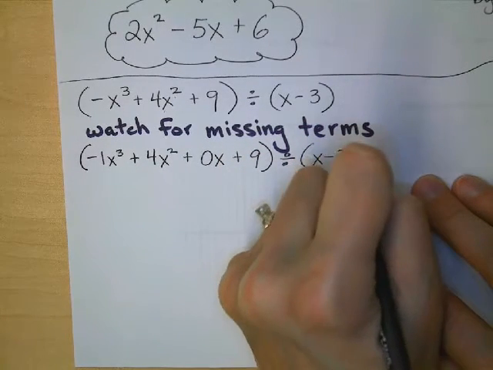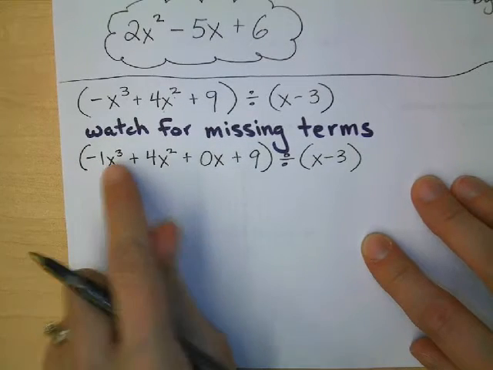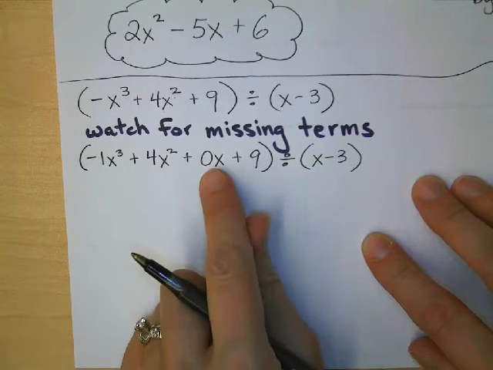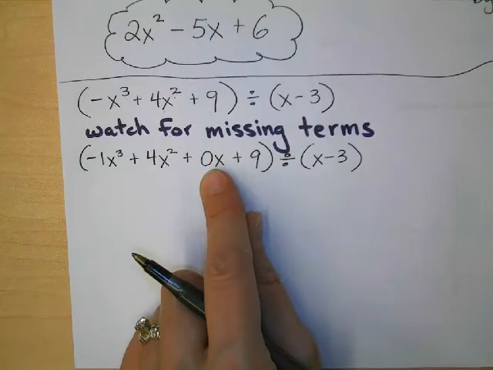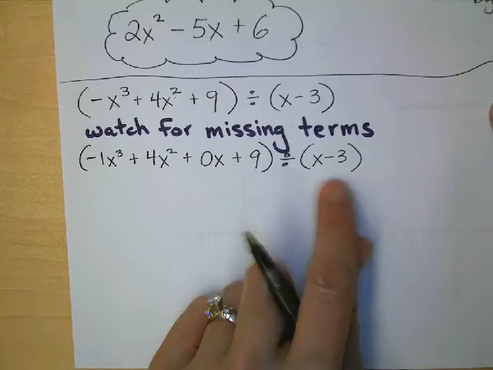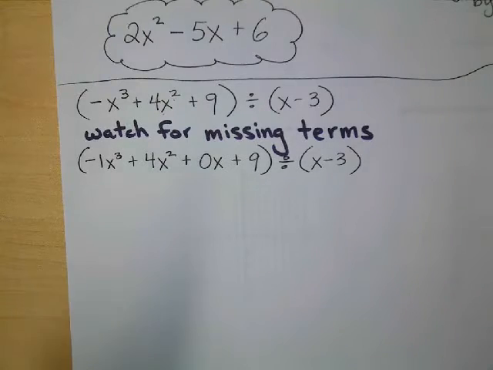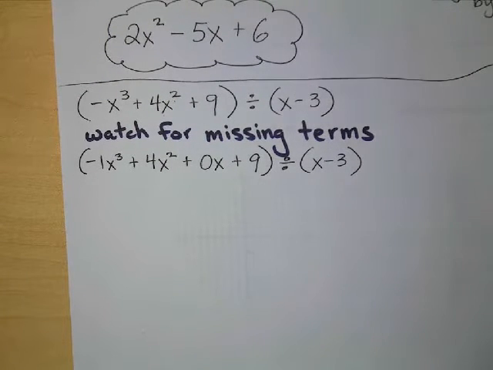It has x to the 3rd, it has x to the 2nd, it didn't have just a plain x. So you have to write 0x. You have to add that in, because you can't have anything missing if you're going to do synthetic division. You have to have every power accounted for.